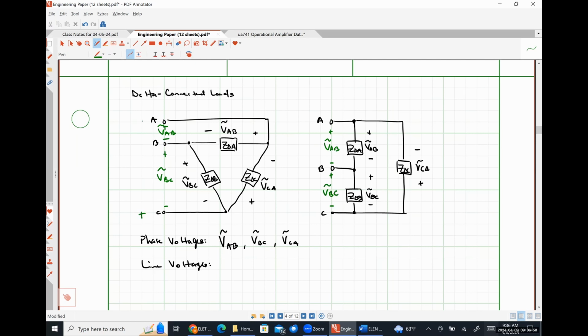And lastly, potential between transmission line terminals C and A, which is just VCA like so. So once again, we see that our phase voltages and line voltages are the same thing for a delta connected load.